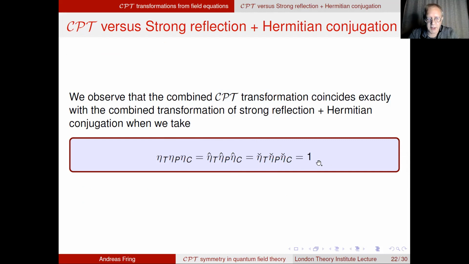Yeah, so in each of the cases, we always had these combinations appearing, the product of all these 3 different constants, then for each of the fields, the spin 0, a half, and 1, this product is taken to be 1, and then the combined CPT transformation is equivalent to the Hermitian conjugate plus the strong reflection carried out at the same time. That's the heart of the CPT theorem.